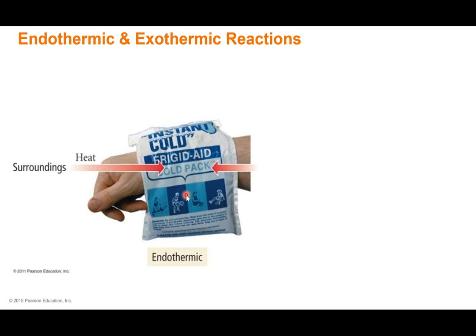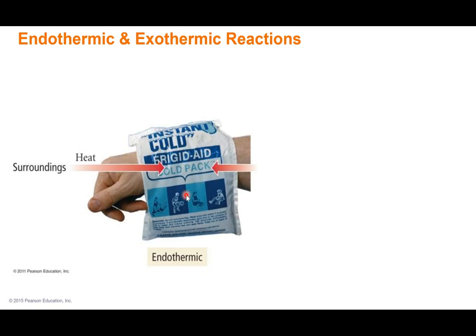So when we place the cold pack on our wrist, it feels cold. Why does our wrist feel cold? Because the ice pack is pulling heat from our wrist into that chemical reaction. So if we label ourselves, I am the cold pack, we are taking heat from the wrist and pulling it into ourselves. So heat is entering into our system.